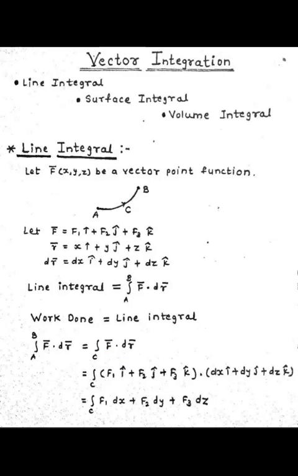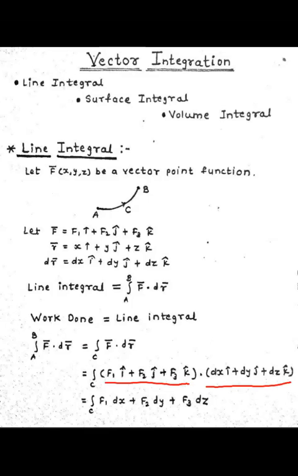Students, sometimes the integral is expressed by integration from A to B, and sometimes the line integral is expressed by just writing the integral with C for the curve. Both are equal. Now, how to express the line integral? For that, put the f bar value and the dr value in this formula. Now take the dot product.